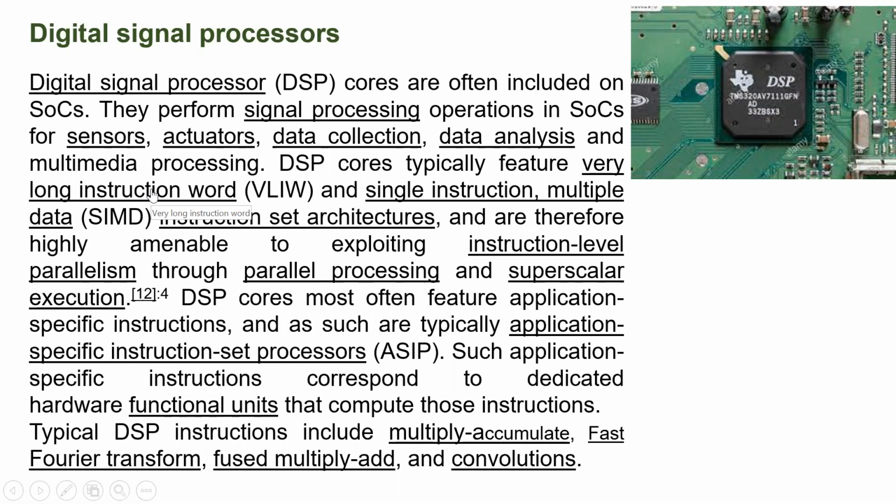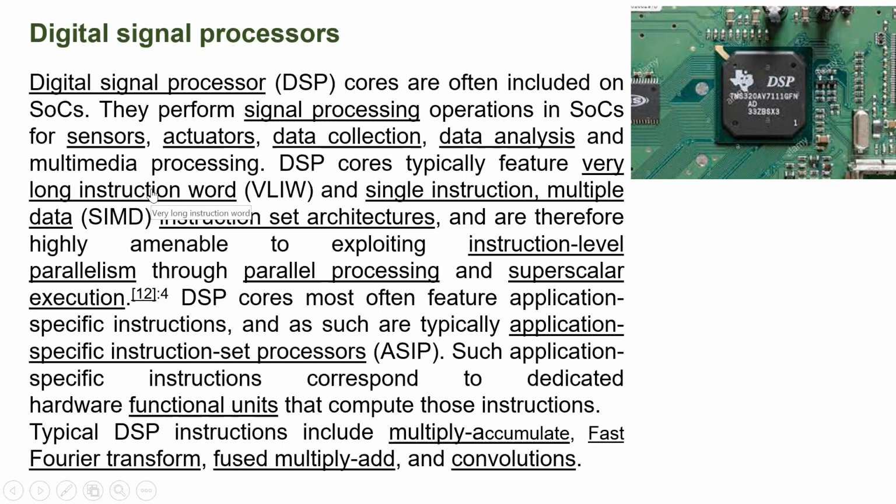And this digital signal processor follows an architecture which is called VLIW. VLIW means very long instruction word. You have studied different types of instructions. At the most you might have seen 4 byte instructions, but longer instructions are also used in digital signal processing cores.